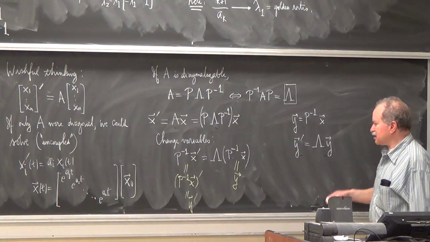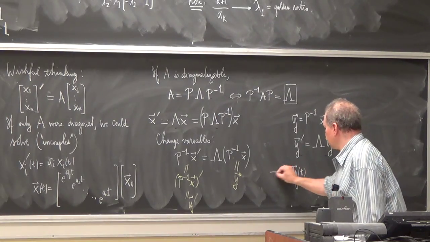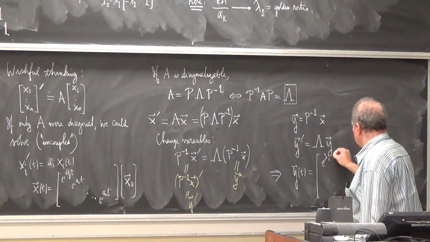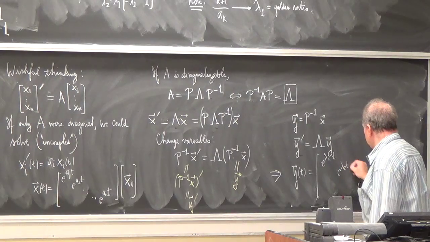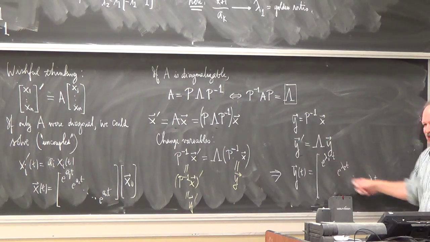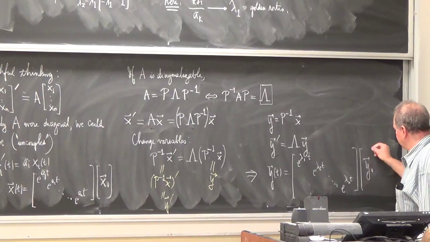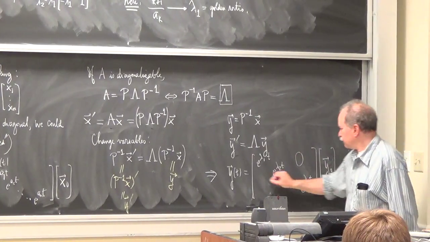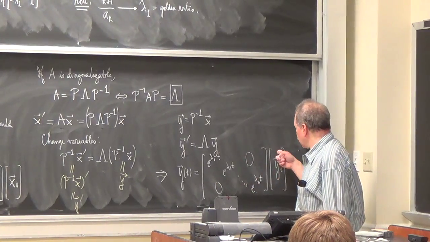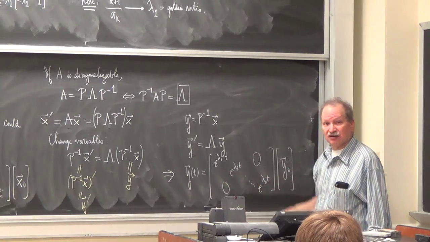We just said what the solution is. y is given by a combination of exponentials, which I'm conveniently writing in matrix form as a square diagonal matrix with the eigenvalue exponentials on the diagonal, times my initial y naught vector. The first y is its initial condition times e to the lambda 1 t, the second y is its initial condition times e to the lambda 2 t, etc.